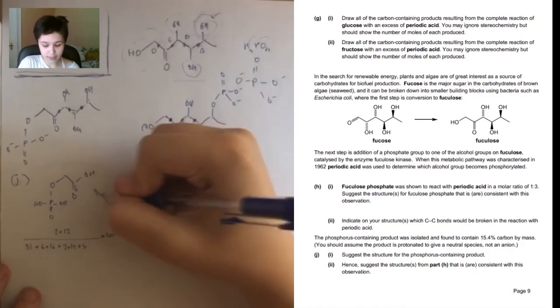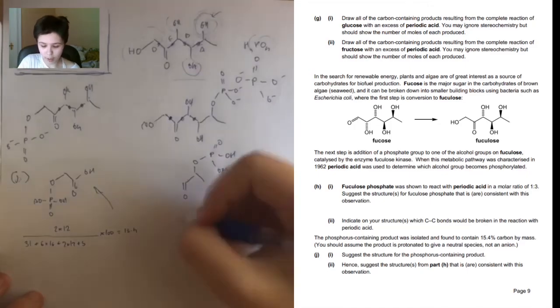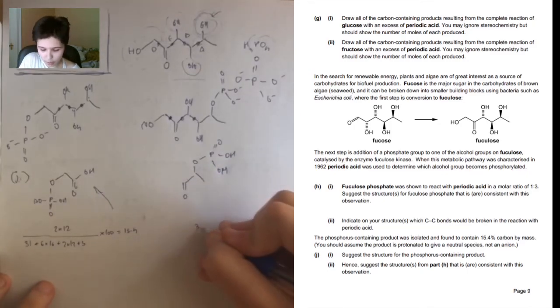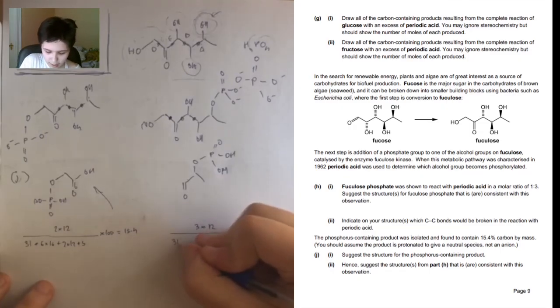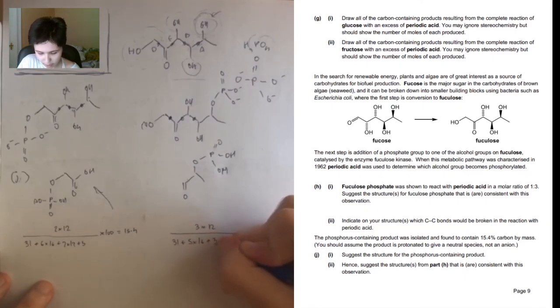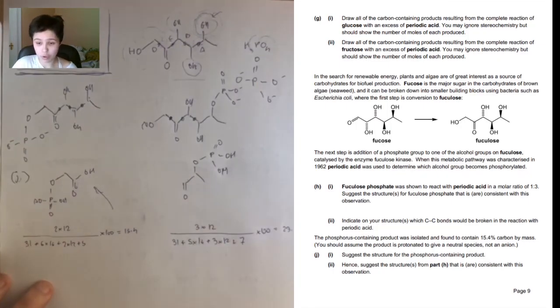Yay, so this one is consistent, and because they hint that it's only one, you don't really need to check the other one, but in case you started with the other one, I'm going to calculate the percentage by mass of carbon here, so that's going to be 3 times 12, because there's 3 carbons, divided by 31 plus 5 times 16, because there's 5 oxygens, plus 3 times 12, plus 7, times 100, which gives you 23.1%, if I'm not wrong.